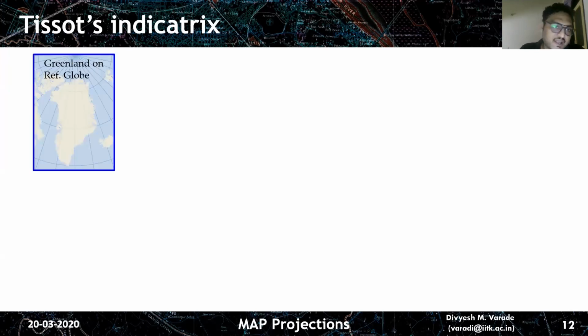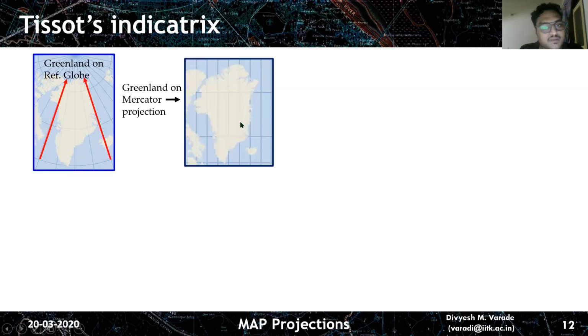Let's just take an example of Greenland. This is on the reference globe, and you can see that the meridians are converging towards the North Pole, and the latitudes are curvilinear and parallel to each other. Now on the Mercator map, you will see that these meridians are now parallel, and this distance here is stretched out.